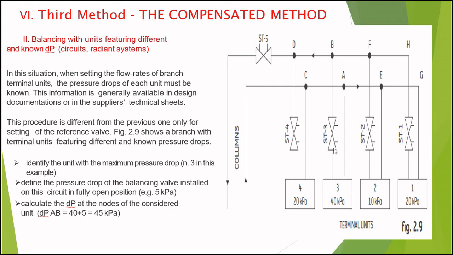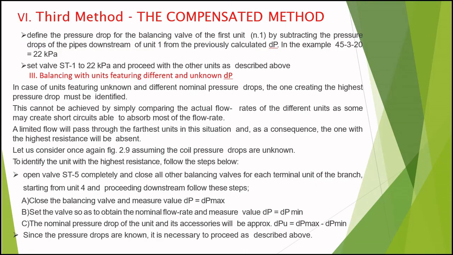Next, ST5 is closed fully, and we will monitor the differential pressure reading, and the highest of them will be dP max. So we have to close the balancing valve and measure the value dP equal to dP max.